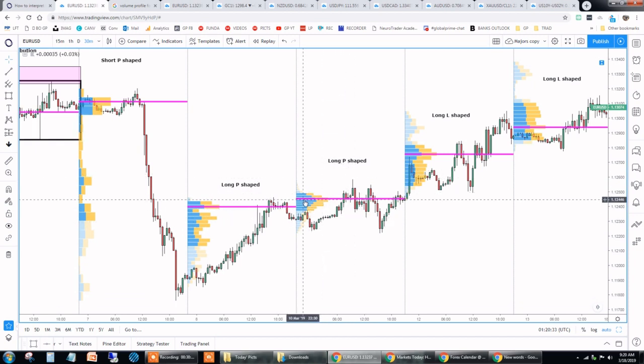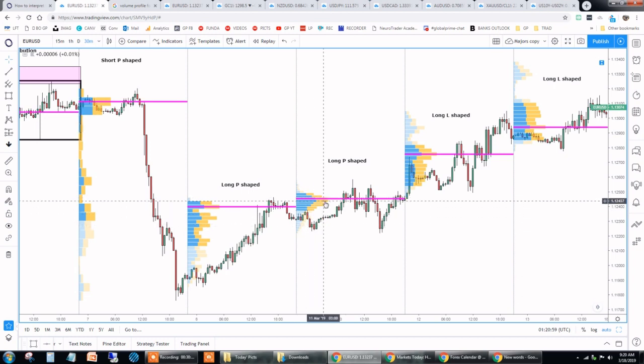Notice how most of the volume is concentrated on the top. At the very bottom of the daily range, there's a lot of tapering, and you can see this tapering effect here. The volume starts to be reduced and continues to go lower and lower, and it continues to go higher as I move the cursor to the upside.